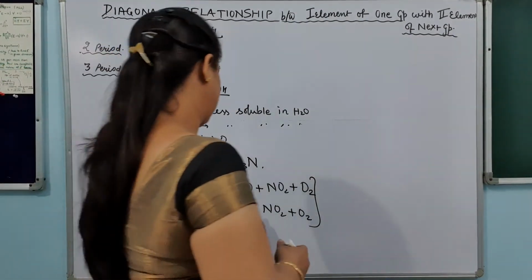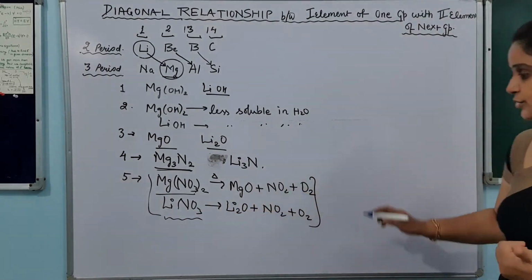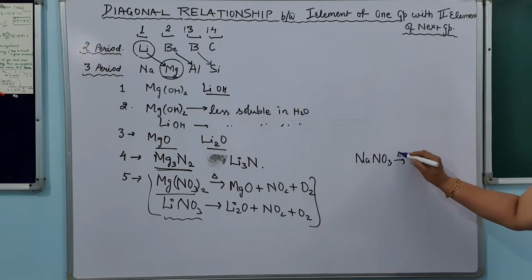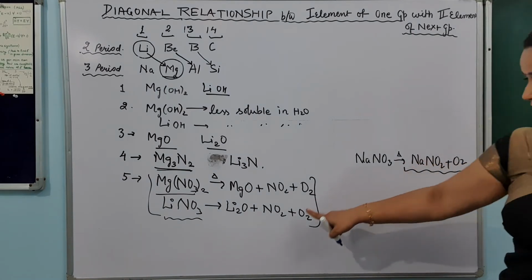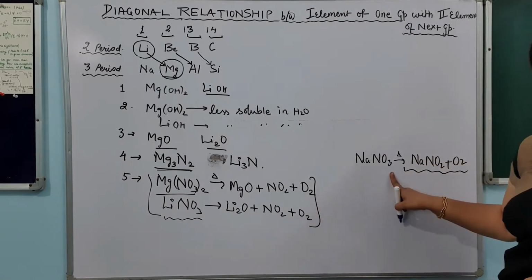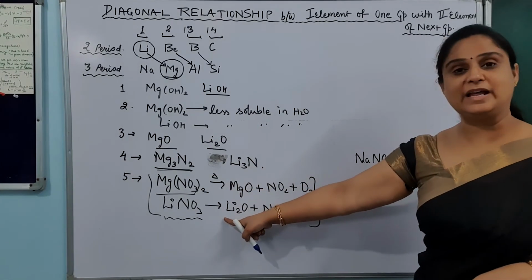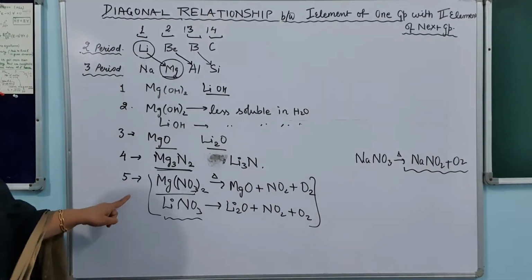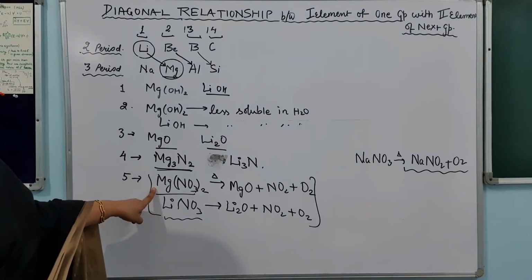Both of them decompose to give their oxide. On the other hand, the nitrate of a first group element, if I heat sodium nitrate, will break down into NaNO2 and O2. So can you see the difference? There is a difference in the breaking pattern of lithium nitrate and sodium nitrate, whereas magnesium nitrate shows similarity with lithium nitrate. So this is again a point where lithium resembles magnesium.